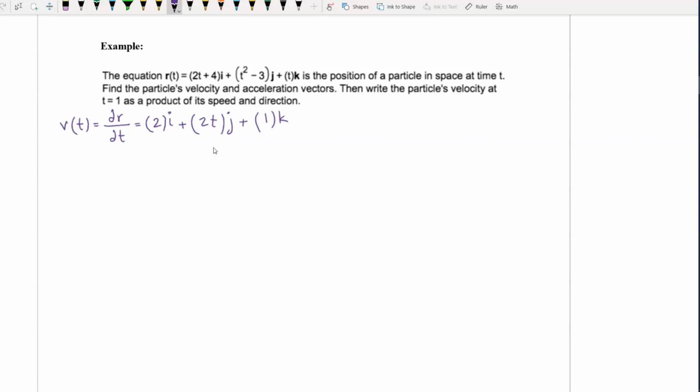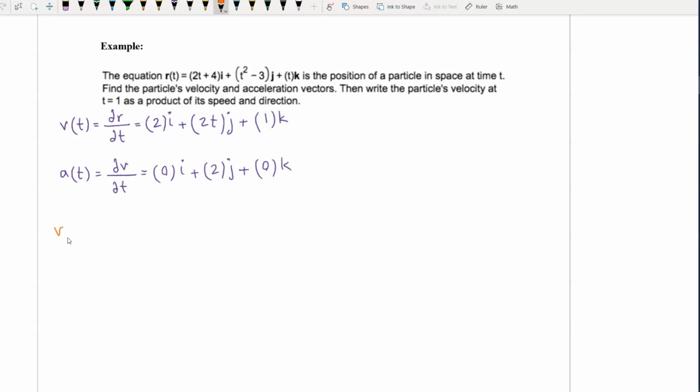Now finding what we have for acceleration. So a(t) is equal to the first derivative of v with respect to t. It is equal to, the first derivative of 2, a constant, is 0i, plus, here we have 2t, so the first derivative is 2, plus, here again we have the constant 1, so the first derivative is 0.